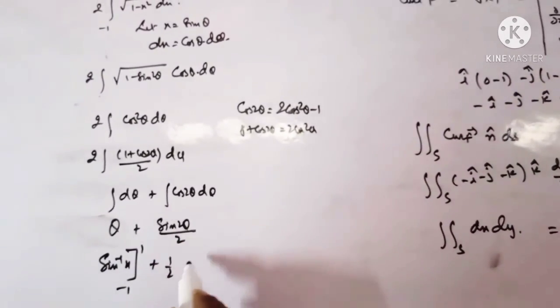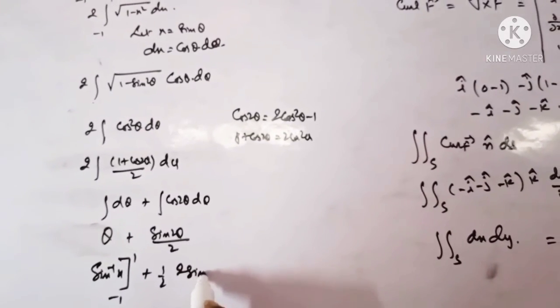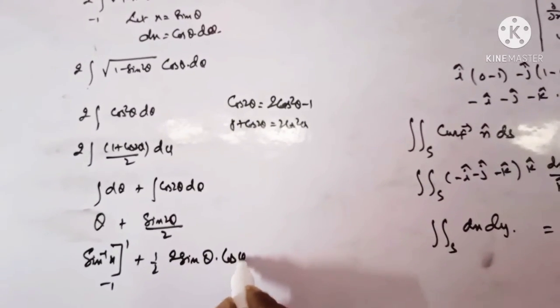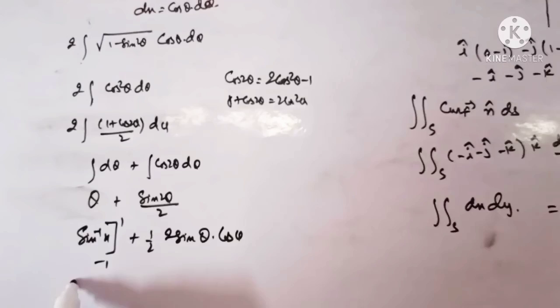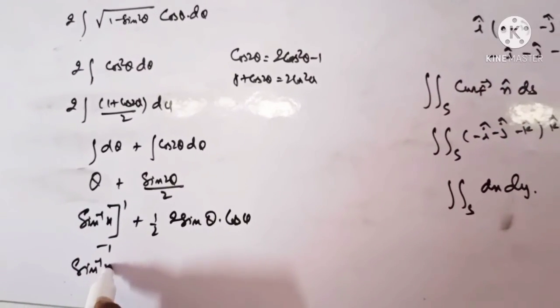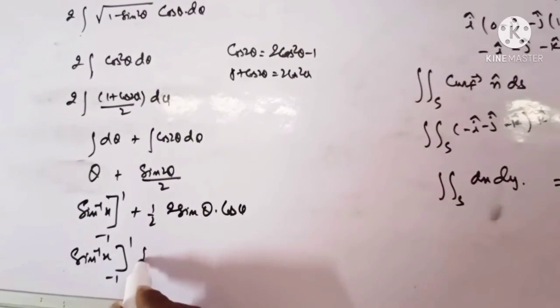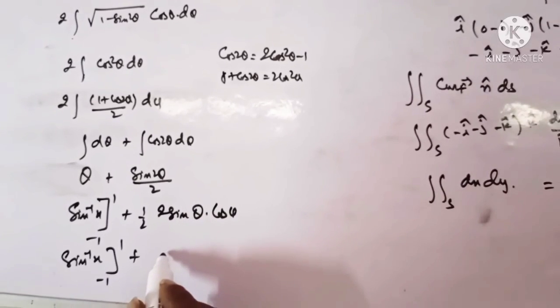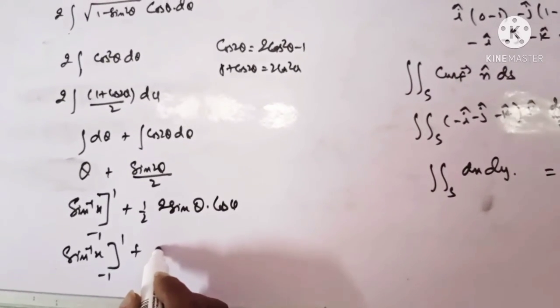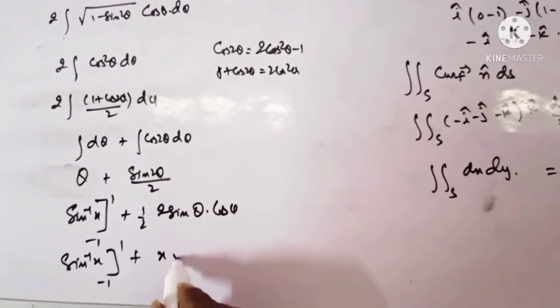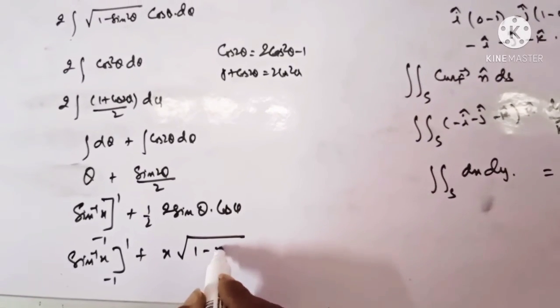Here sine 2 theta by 2 is sine theta cos theta, so this is sine inverse x plus sine theta cos theta, from minus 1 to 1. Sine theta is x, and cos theta is root of 1 minus sine square, that is root 1 minus x square.